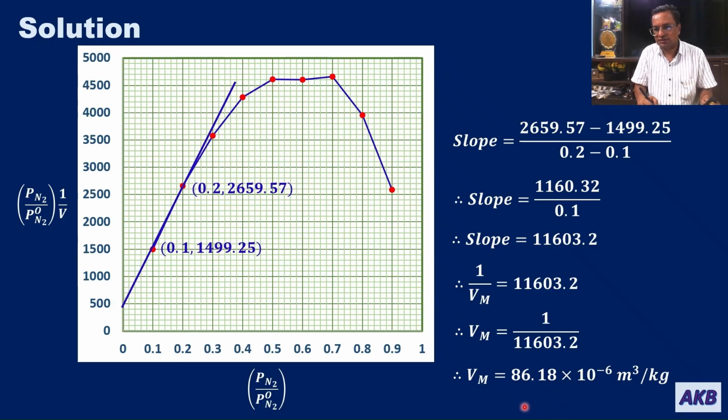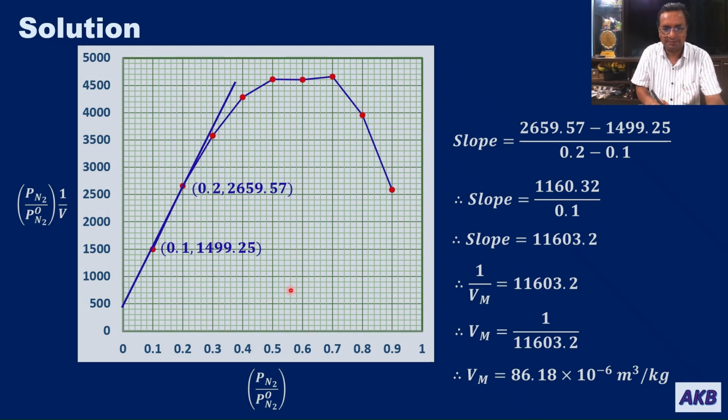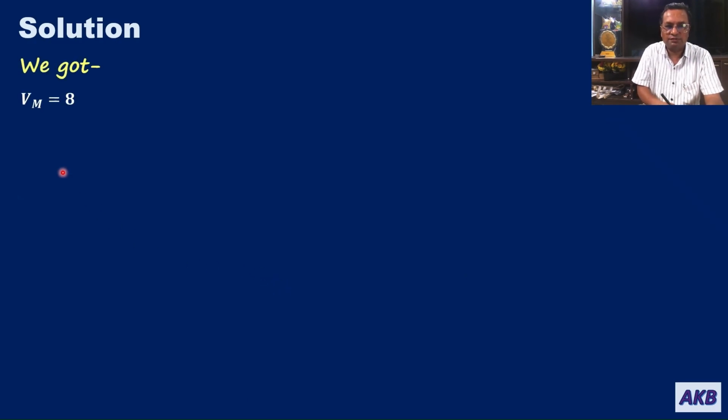Now let us use this value of Vm that we have got by plotting the Langmuir adsorption isotherm for getting the surface area of the adsorbent. So we got Vm as 86.18 into 10 to the power minus 6, and the unit is meter cube per kg, the volume of the adsorbate per unit mass of the adsorbent.